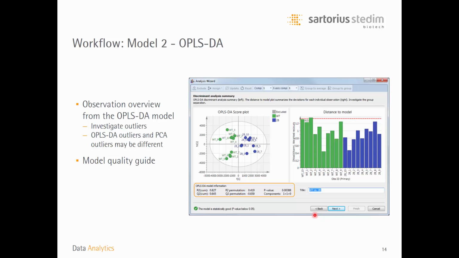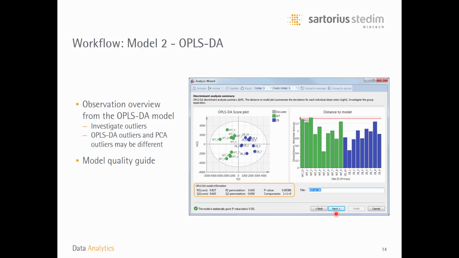And when we are then clicking next, if we feel that this model is good and we would like to proceed, we're going to come to a stage where we are looking at one of the most central plots in the OPLS discriminant analysis model, and that is the so-called S-plot.